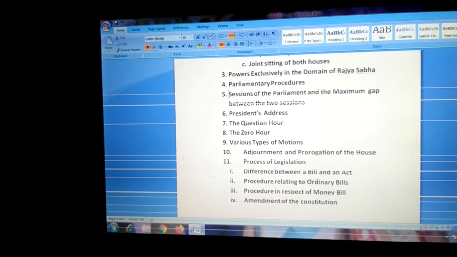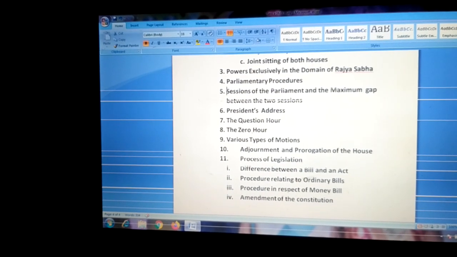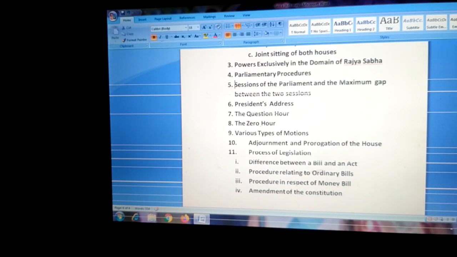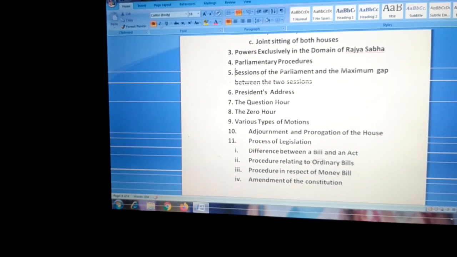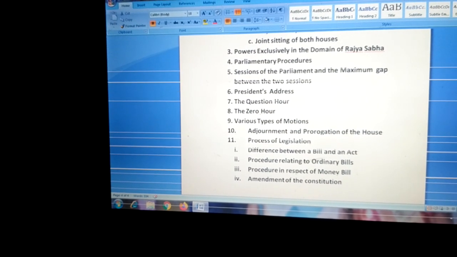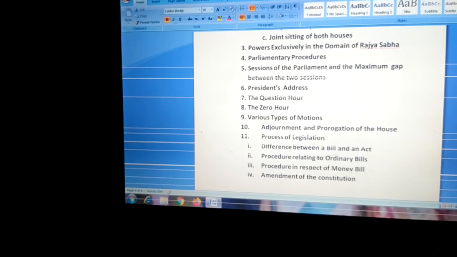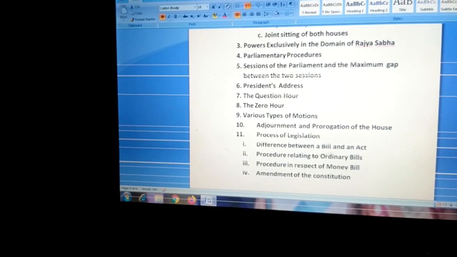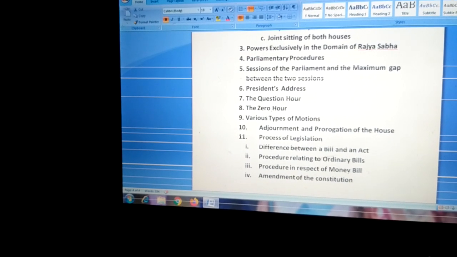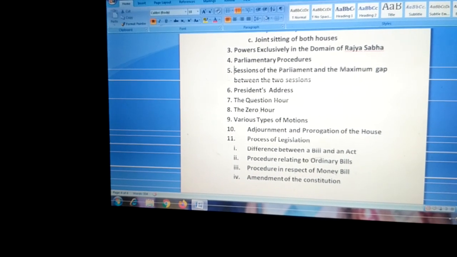So, difference between a bill and an act, as a type question, you can get 2 marks question. A bill is what? The draft of a legislative proposal which, when passed by both houses of the parliament and assented to by the president, becomes an act.